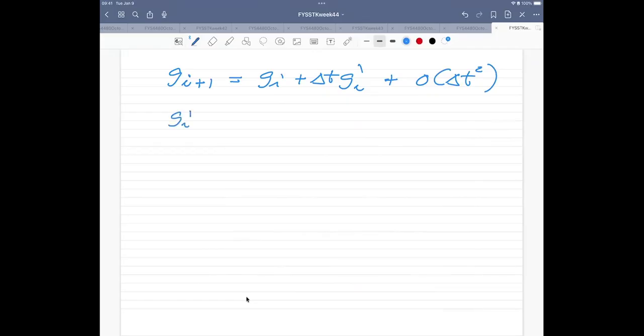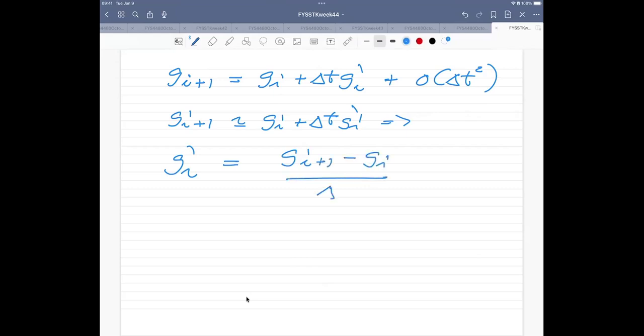If we just take g of i plus 1 equal to g of i plus delta t times the derivative of g of i, then we see that the derivative of g of i can be approximated, and we're putting an equality sign here now, by g of i plus 1 minus g of i, divided by delta t. But actually it's not an equality sign, so we should write it as an approximation sign. Normally this is the standard formula which is being used here.